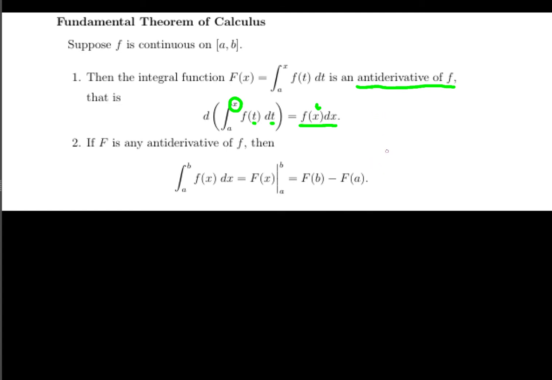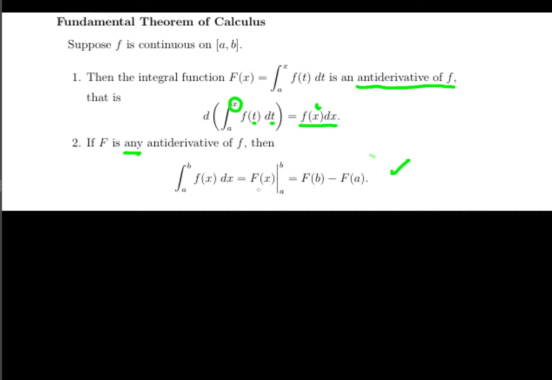The second part, which is what most students remember, is that if I want to integrate f of x dx between a and b, then I just need to find any antiderivative and evaluate it at its endpoints.